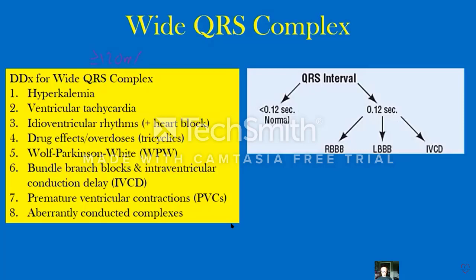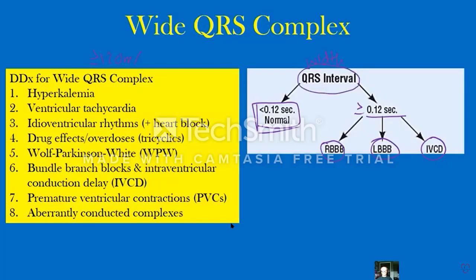The three I want you to consider are right bundle branch block, left bundle branch block, and intraventricular conduction delay. Remember, greater than or equal to 120 milliseconds. If it's less than that, remember it's normal. And again, we're looking at the QRS interval, the width or duration.